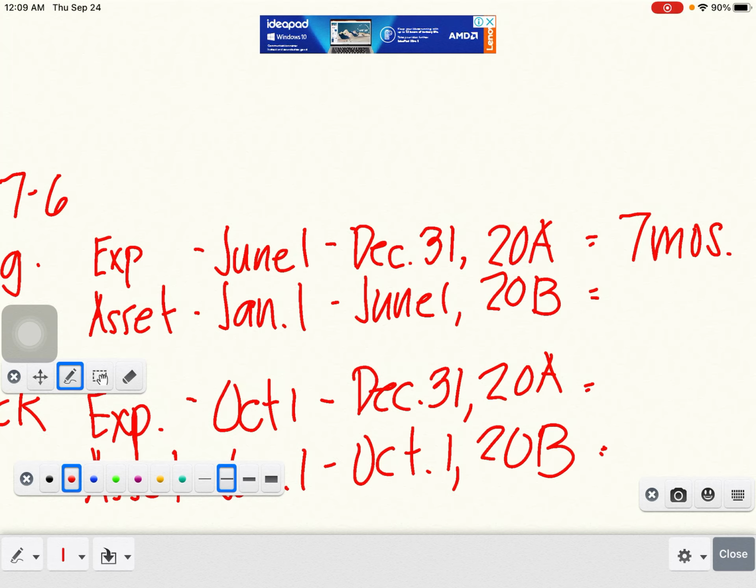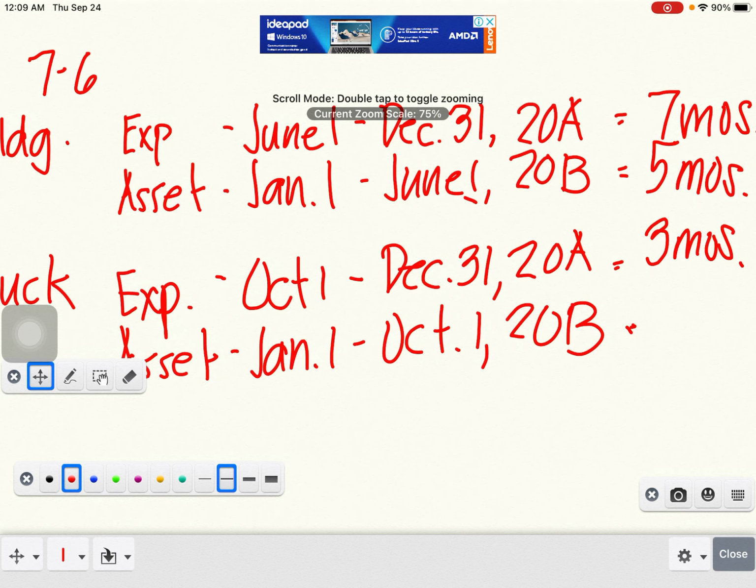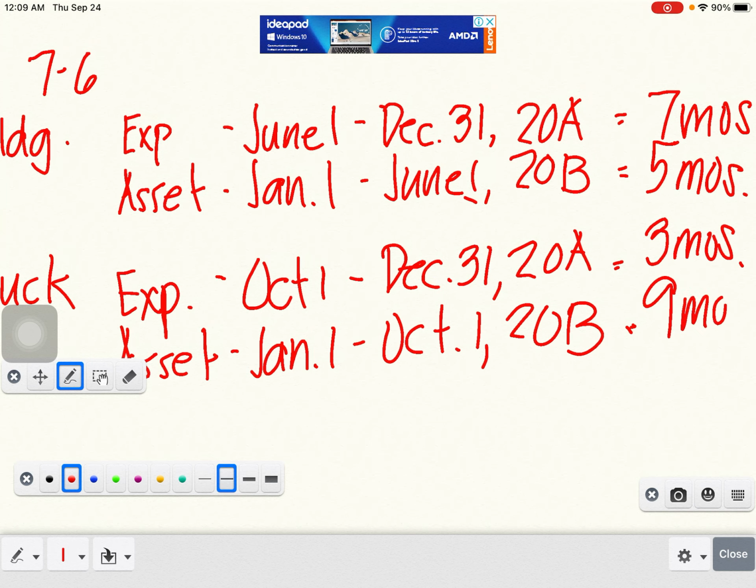The asset, January, February, March, April, May. Up to May only because this is June 1, so 5 months. How about the truck? October, November, December. So 3 months. Then January, February, March, April, May, June, July, August, September. Up to September only because the last date is October 1. So 9 months.